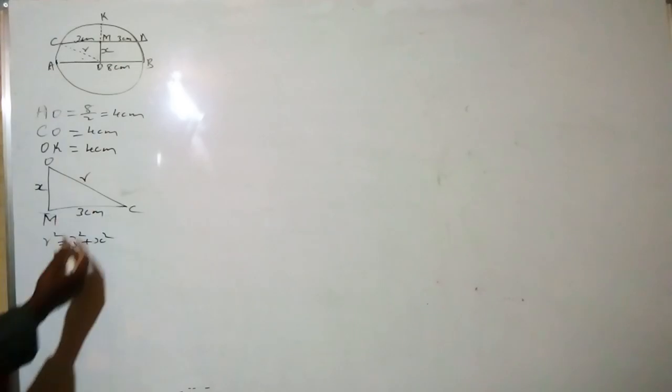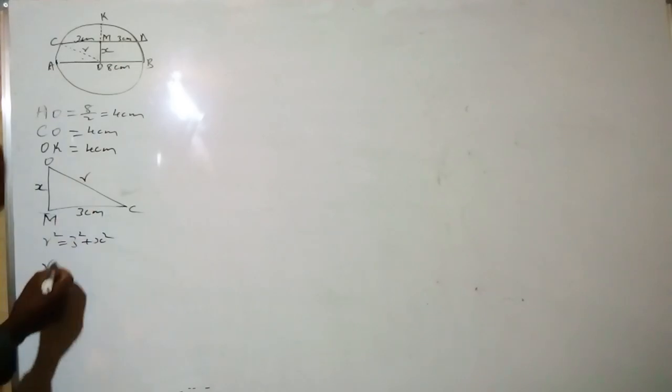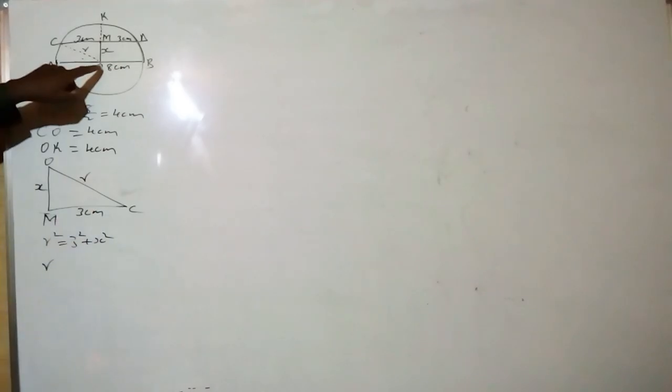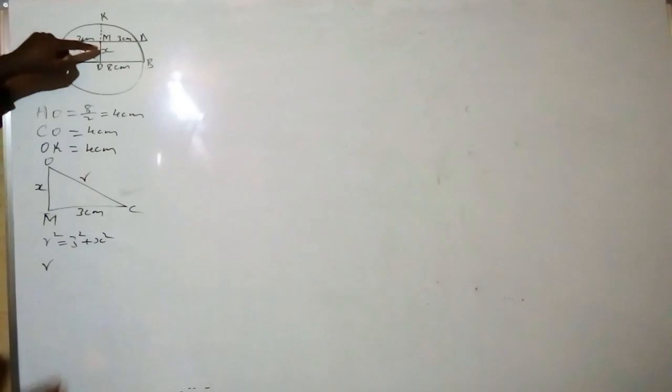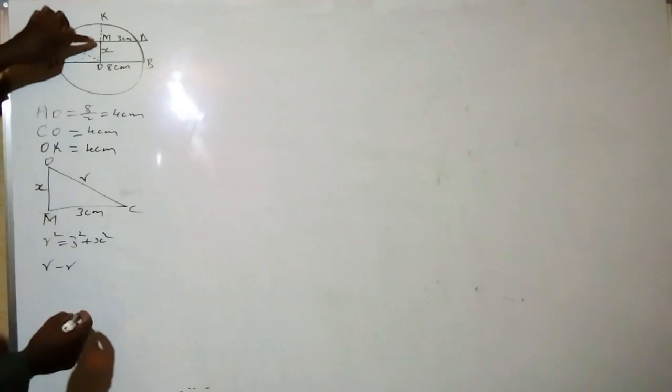The radius from O to K is R. R minus X will give you the value of MK.